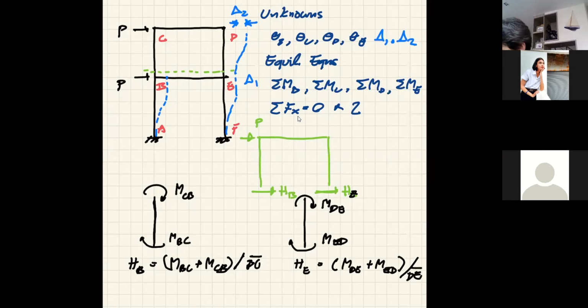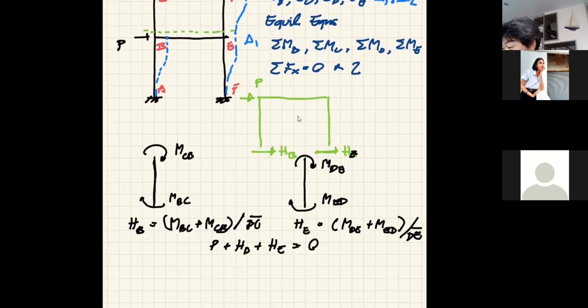And in the end, just P plus HB plus HE equal to 0. Okay, just be mindful of the direction.